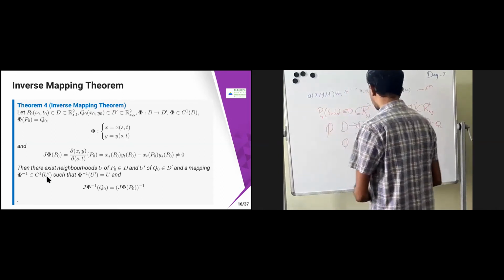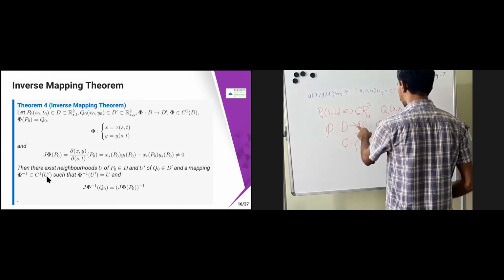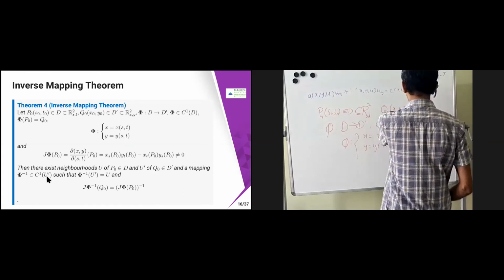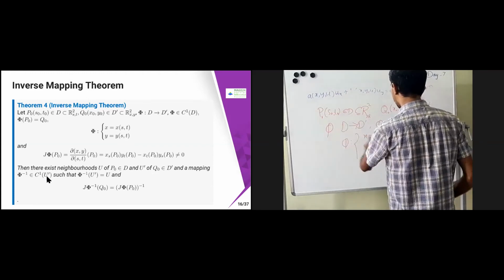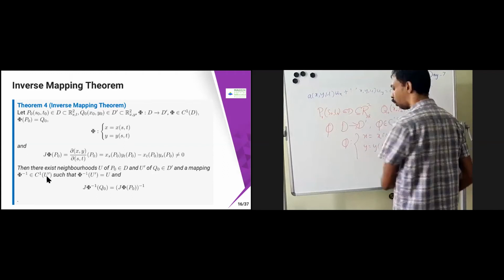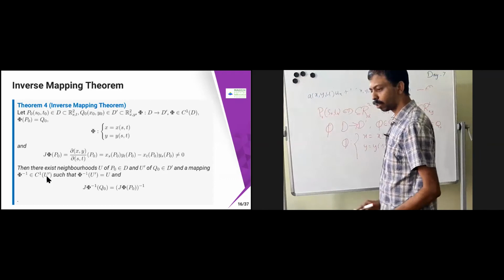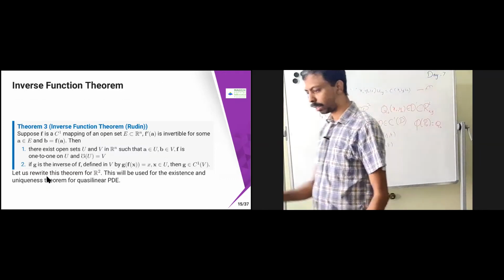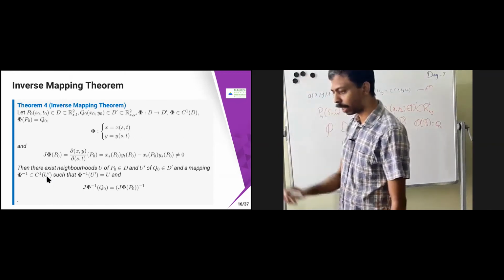I am just writing the image in terms of x comma y. I am also trying to use the conditions that f is one-one, that the set is open, and so on.